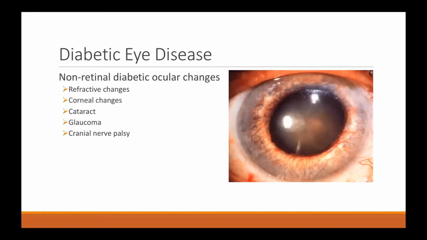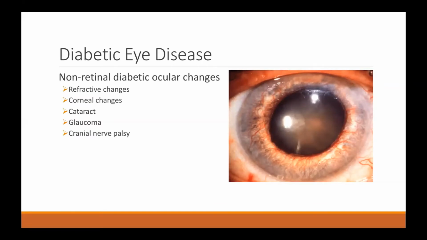So diabetic eye disease also includes other non-retinal changes. So although today I will be focusing on diabetic retinopathy, don't forget about these other changes as well. So you've got refractive changes, which can be transient, so if the prescription fluctuates and changes with time, or permanent, so you get a myopic shift.